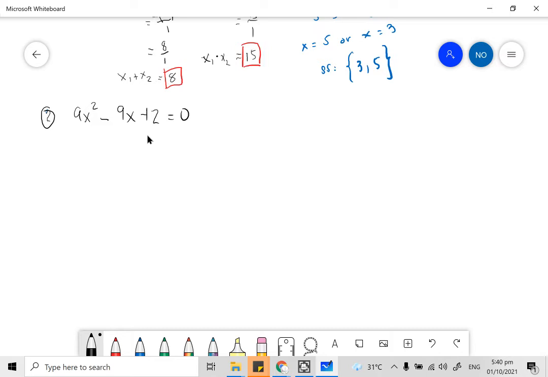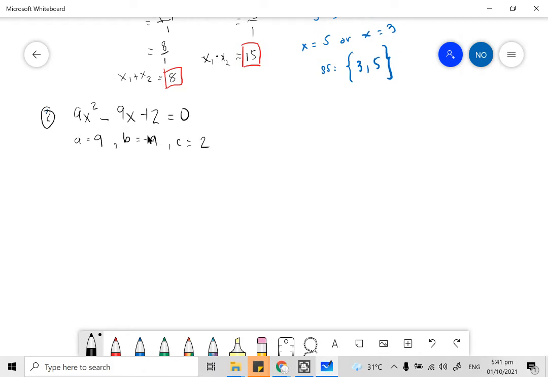Okay, so identify natin yung the sum and the product of the roots. So kailangan muna naka-standard form yung ating quadratic equation. Okay naman, naka-standard form na. Now let's identify the values of A, B, and C. A is 9, B is negative 9, C is positive 2.